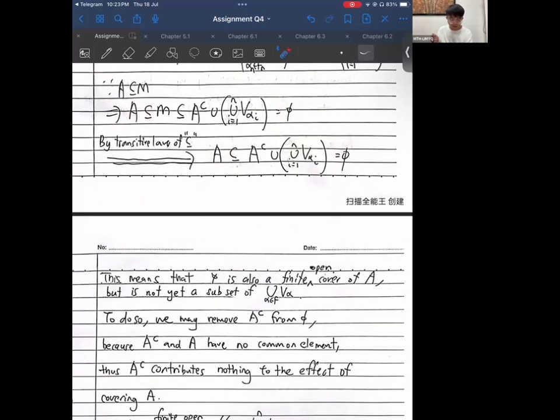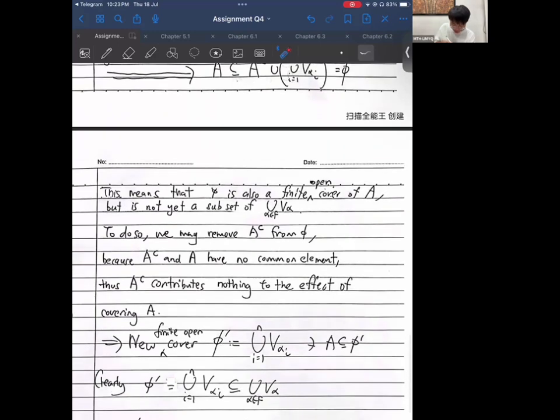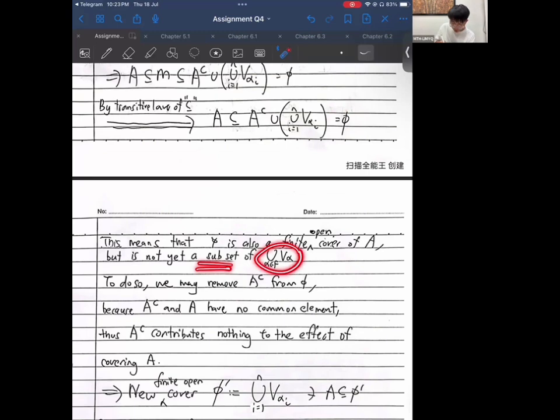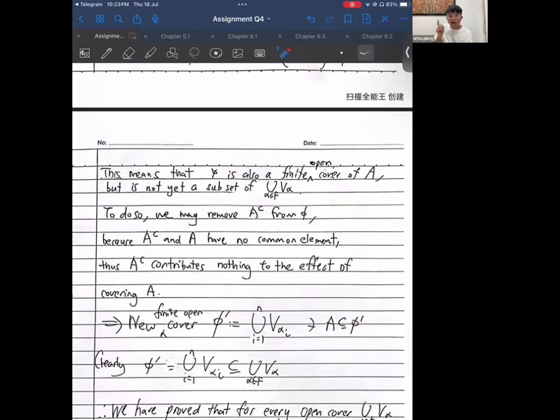Here we cannot say subcover yet. The reason is that we cannot say that this set is a subset of the original cover, because the A complement is an extra thing. So now we can remove the A complement.